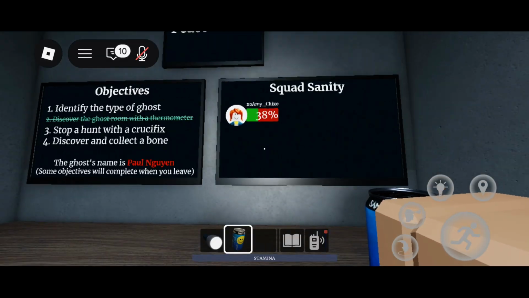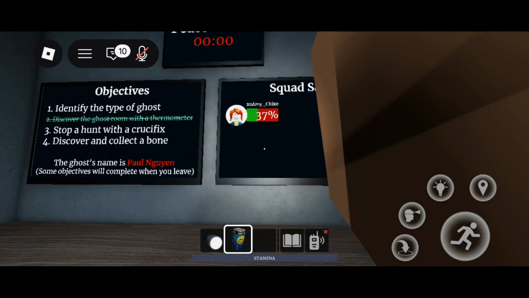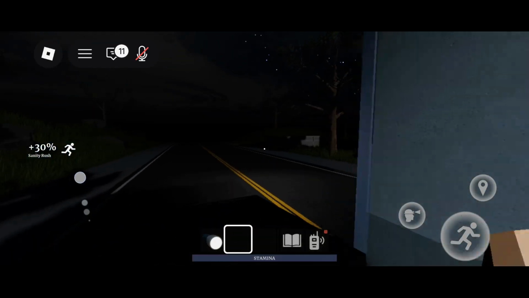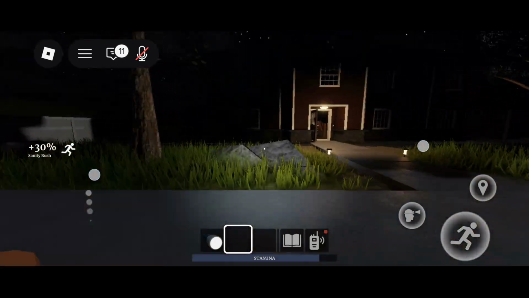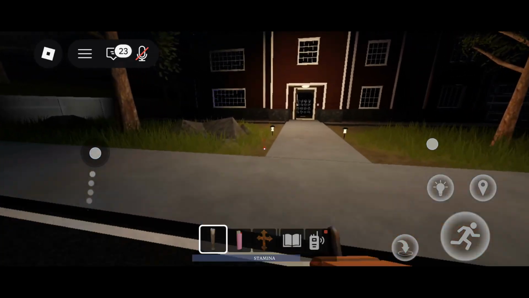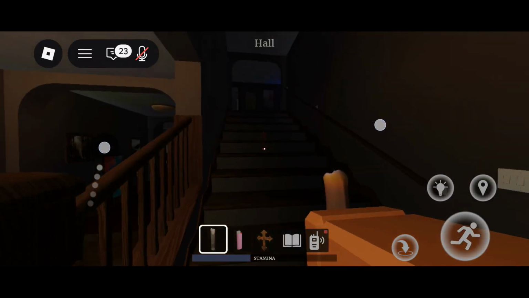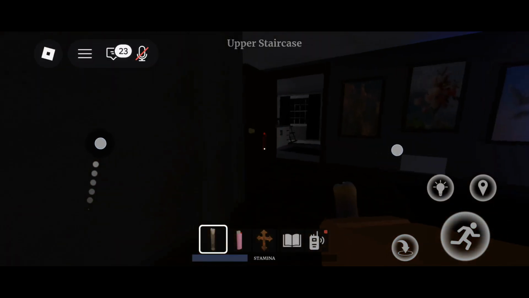Sanity Soda instantly gives you some sanity and a 30% speed boost for about 8 seconds. Leech Candle only gradually gives you some sanity over time, and there are conditions to it.